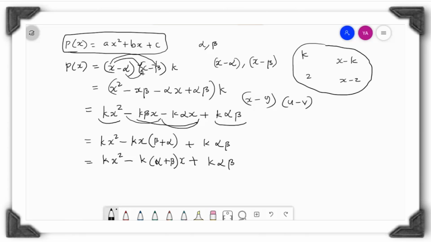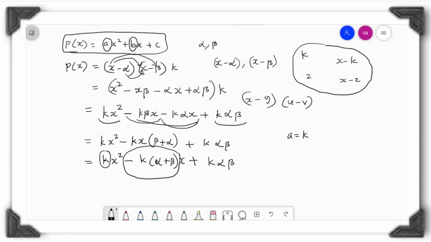Here the coefficient of x square is a, and here the coefficient of x square is k. So a is equal to k. We got a is equal to k. And the coefficient of x is b, and here what is the coefficient of x? Minus k into alpha plus beta.